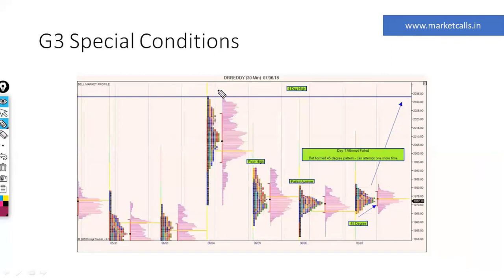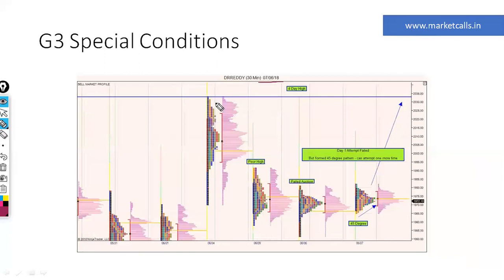In fact, at that time there was a G2 pattern and G3 pattern in most of the pharma sector. It was there in Cipla, in Dr. Reddy, in Lupin, and in Sun Pharma. So almost everyone did a short covering rally when there were G3 levels in all the pharma stocks, including the sector also.